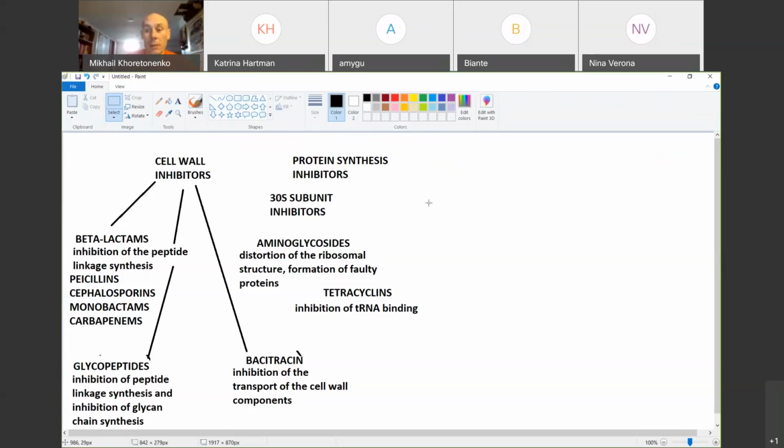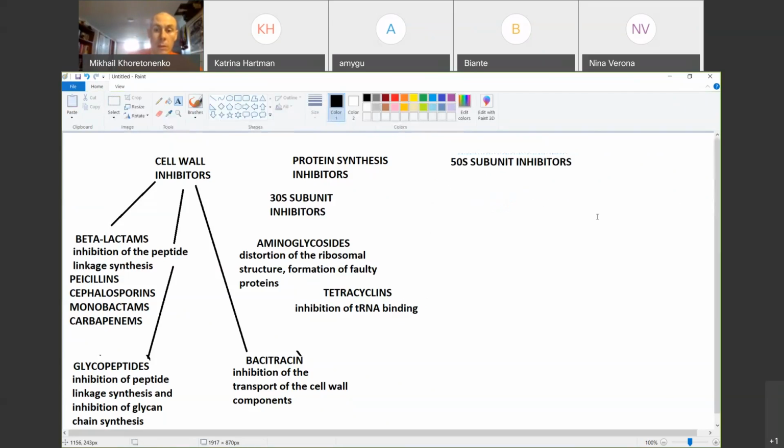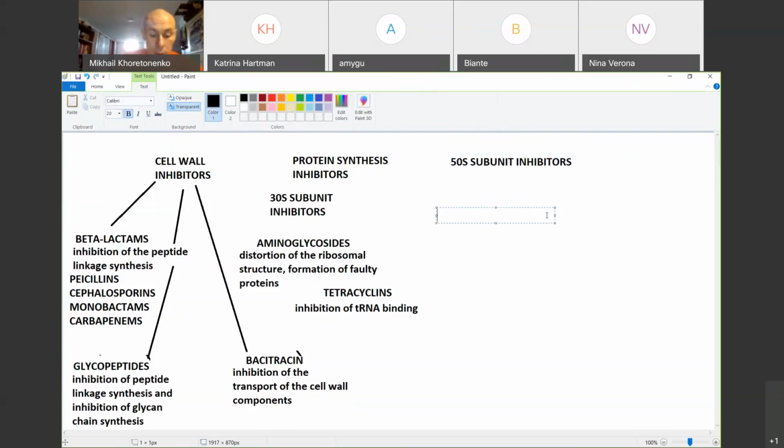Okay, and then we have 50S inhibitors, which can be further divided into, there's one group that includes lincosamides, streptogramins, and macrolides.